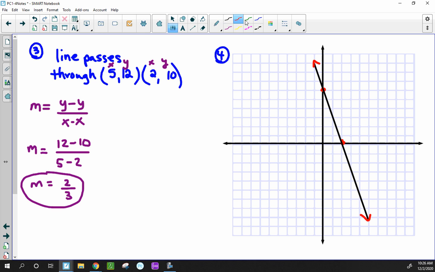Okay, now it's time you make the call. When you're on your own, you'll have to decide, do you want to go with slope-intercept form? Because now you have a slope. Now, again, these aren't intercepts, but you can find it. Do you want to go with point slope because you have a point and you have a slope? That's completely up to you.